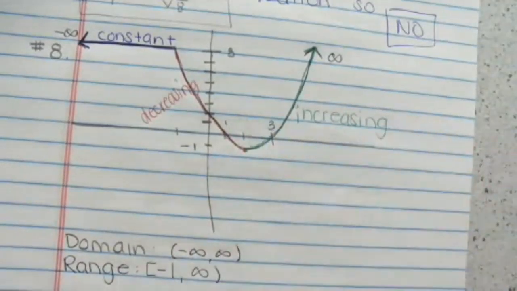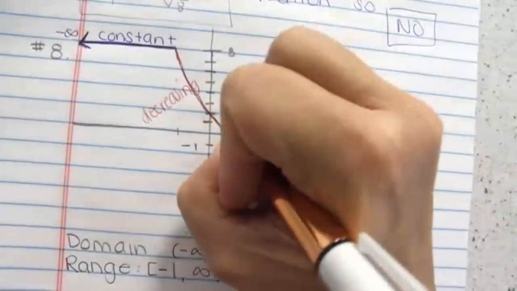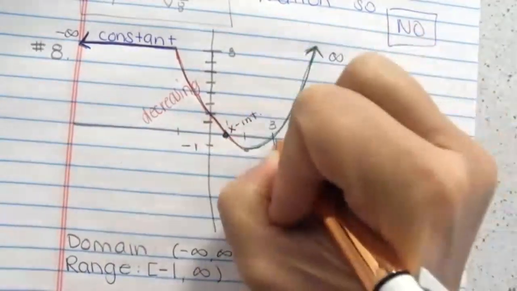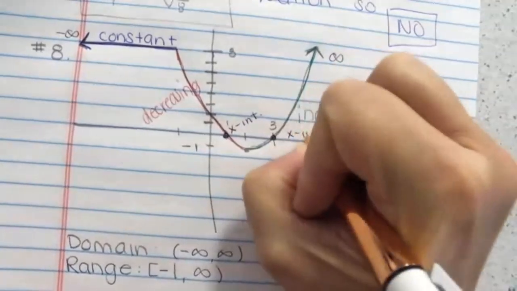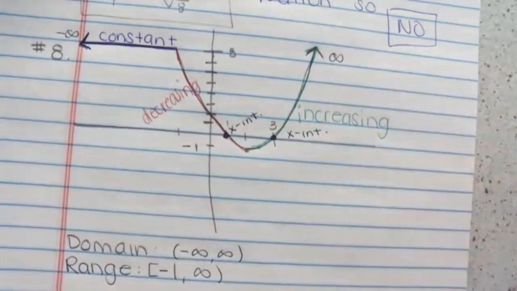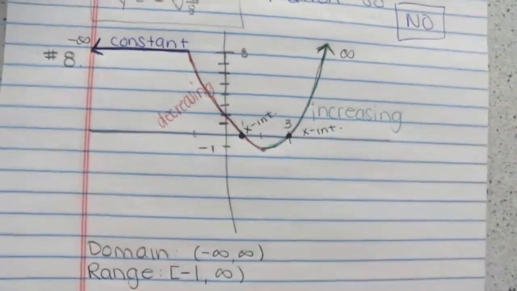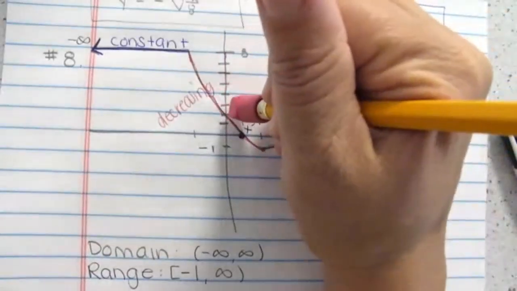So 1 and 3. This was an x-intercept. This one was another x-intercept. Our y-intercept was at 3. I made it at 2 on accident.